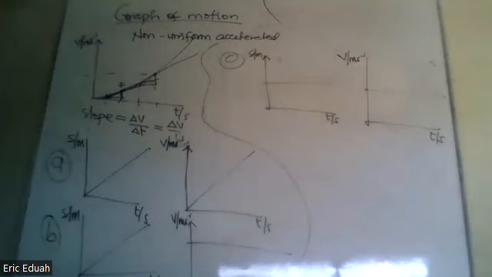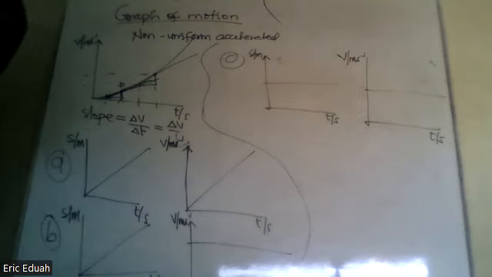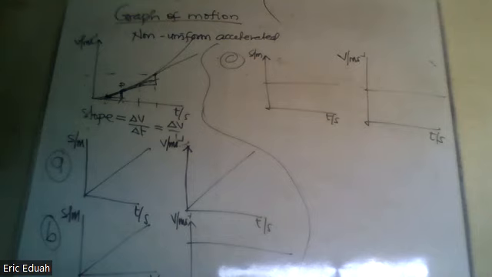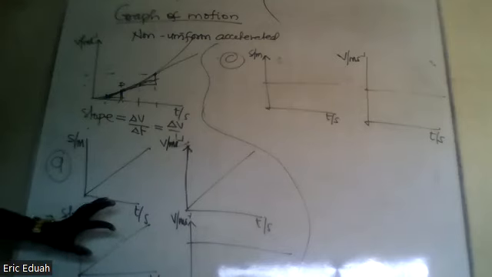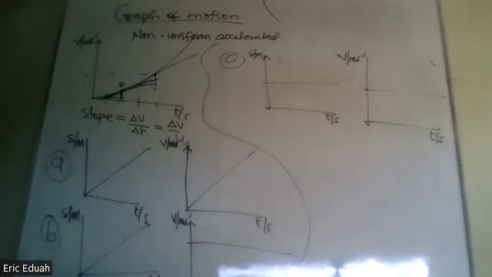B. The first one is constant or uniform velocity motion. So you are describing the graph, but you have to also talk about velocity and acceleration as well.